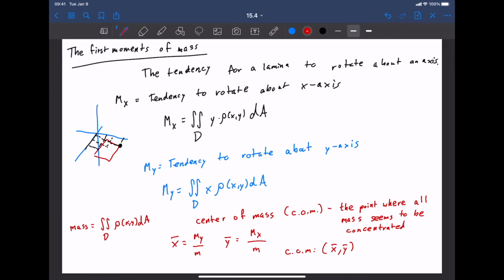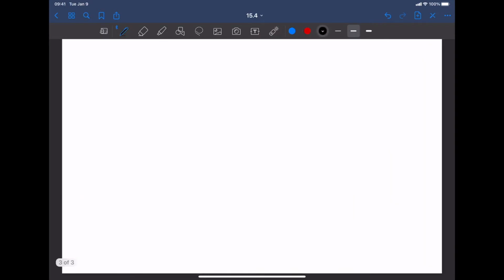It's probably good to look at an example of this. So find the center of mass of a lamina with mass density function rho of xy equals y.